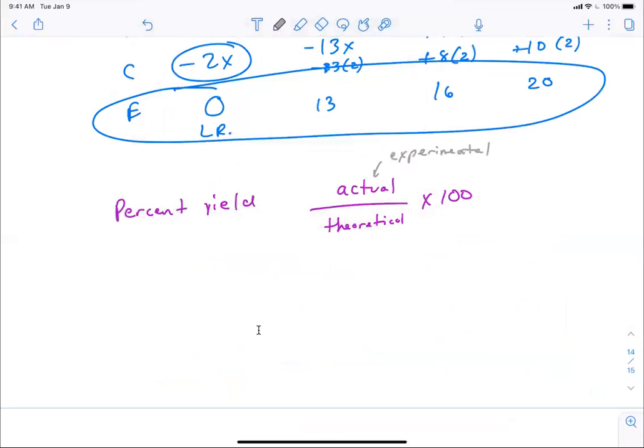When you actually conduct the experiment, you are given a measurement of a value here. The theoretical is calculated. So when you do stoichiometry, that's always your theoretical. It's never your experimental. So that is one last thing that I want to talk about here.